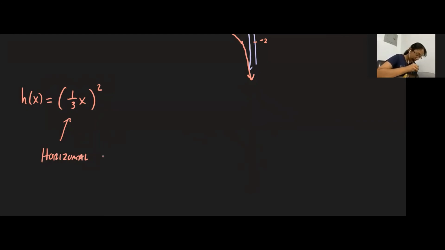So that means it's a horizontal stretch by 3, because dividing by 1/3 is the same as multiplying by 3. So all the x coordinates are going to get multiplied by 3. That's what a horizontal stretch is. So we're going to take the x coordinates and multiply them by 3.